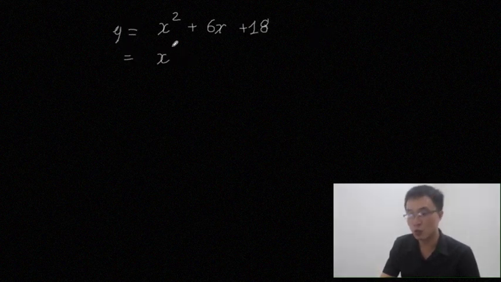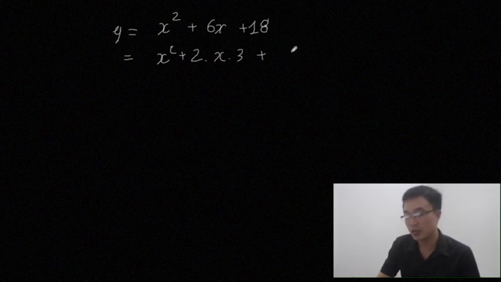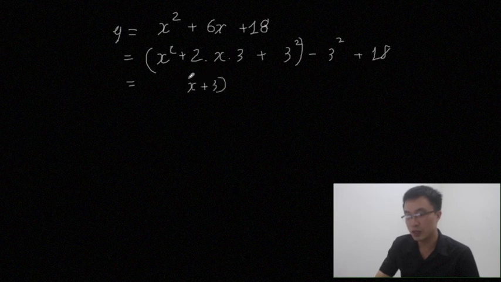So complete the square first, and times 3, because 3 times x times 3 equals 6x, and you identify b equals 3. So b squared here, minus b squared and plus 18, and the first three terms will be (x plus 3) squared, and it will be minus 9 outside, plus 18.